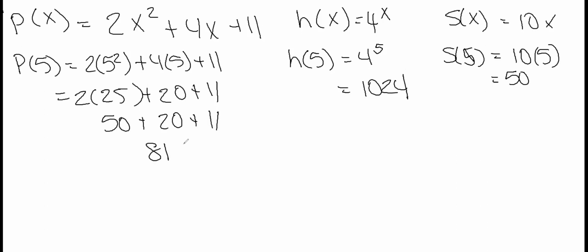So which one was the biggest one? H of x. There you go. That's all they want to know for that type of problem. Does that make sense? Did anybody not understand how I got one of those answers? Okay, so far so good.